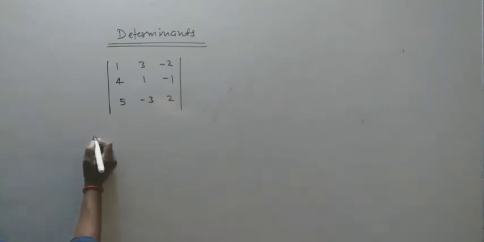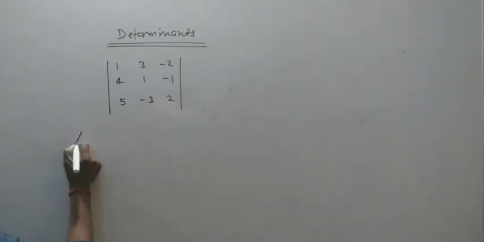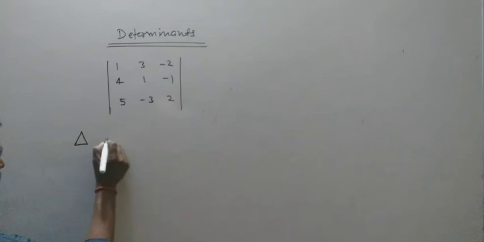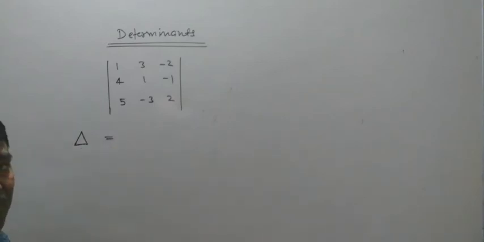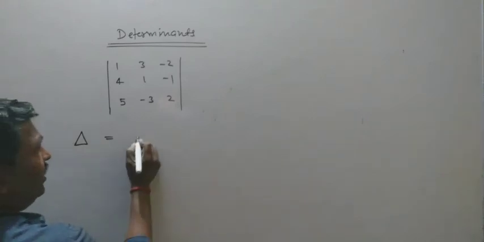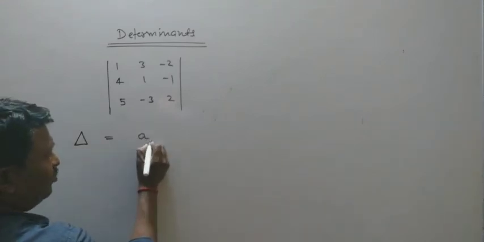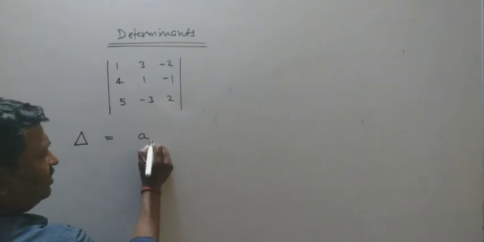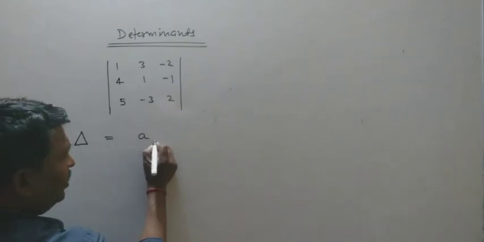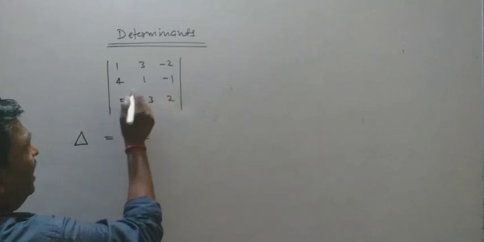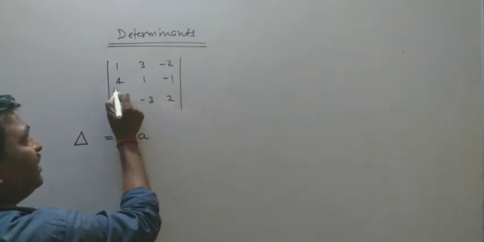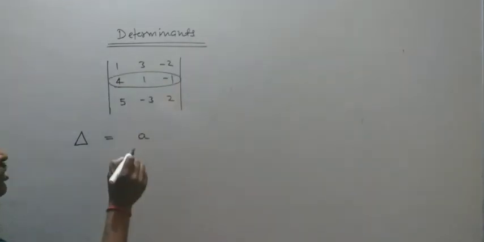Okay, so how can you find it? The formula is that the value of the determinant, suppose delta is the symbol to represent the value of the determinant, is equal to any element, suppose any element Aij. Suppose I am solving this by taking this row.